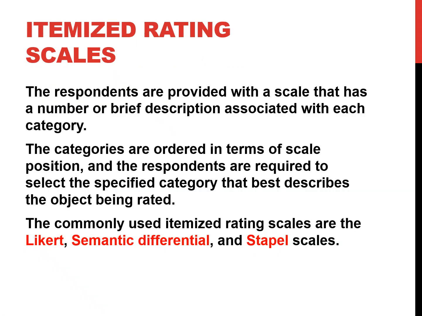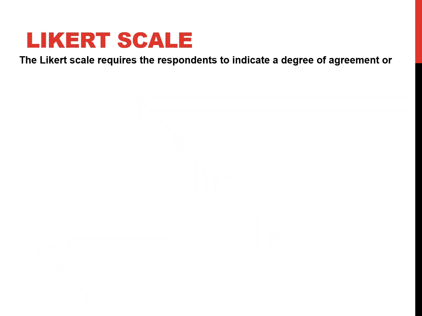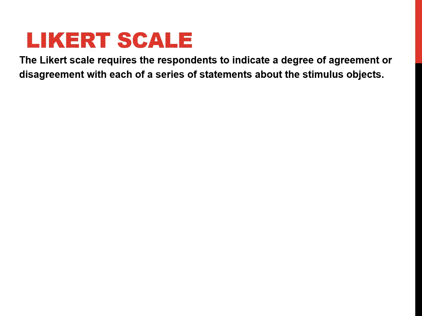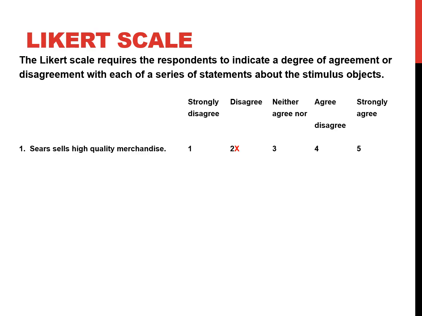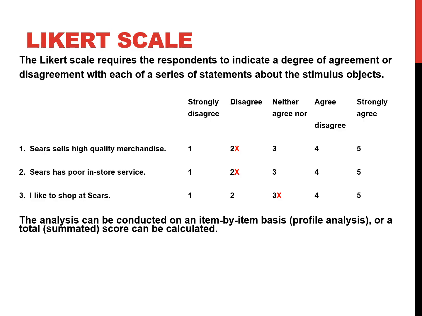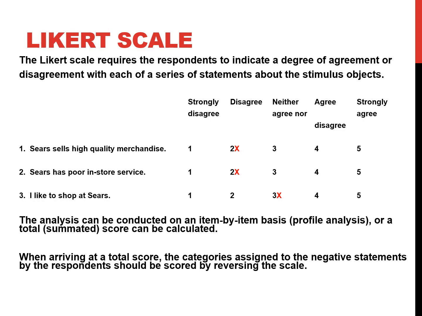In terms of itemized rating scales, there are different ones, obviously Likert, semantic differential, and staple scales. Likert we've pretty much dealt with in quite a lot of detail, and you can see it's fairly similar to the one we've just dealt with in regard to Sears, except that it is allocated numbers.